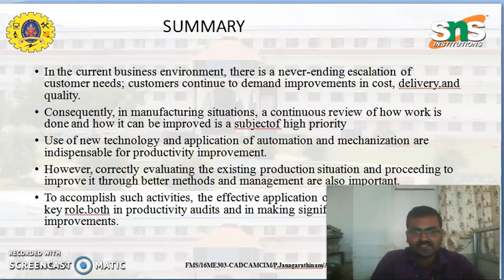And to accomplish such activities, effective applications of IE techniques, like I already told, and how industrial robotics are included in industries, can play a key role in both productivity audits and making sufficient productivity improvements. At the same time, we reduce the labor cost. We have to follow the entire auditing methods and automation system, and automatically reduce the labor cost of those particular industries.